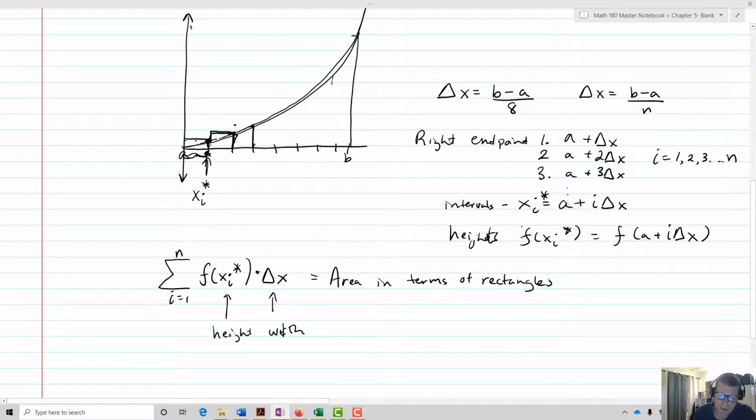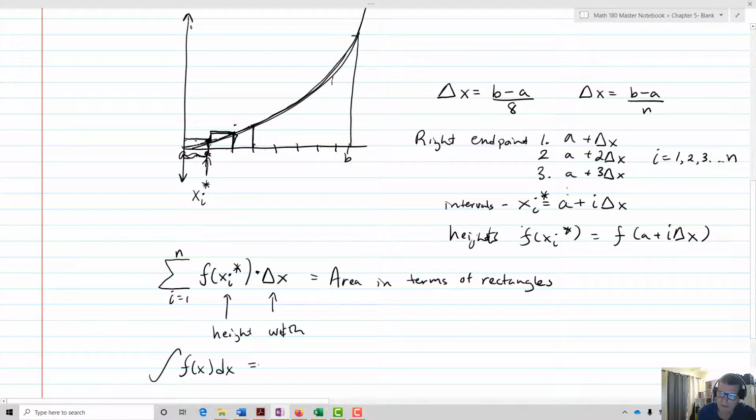What I'm now going to want to do, the simple part here, or maybe not so simple, is to think about how I represent making each one of those rectangles smaller and smaller and smaller. The way that I do that is I make the integral of f of x dx.